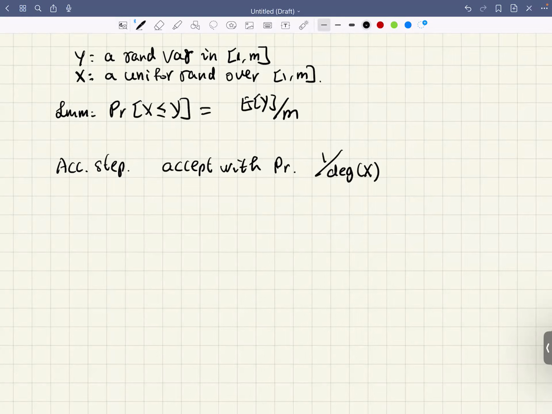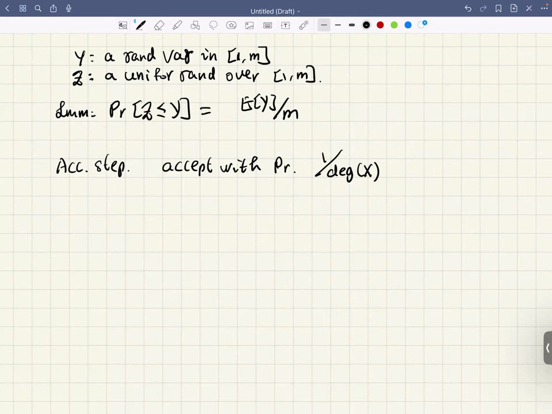What does that tell you? It tells you that all you need is to give me a random variable with expectation of this. Sorry, I've been using this x twice, so let me change this x so that you can see things better. Let's say this z, and z is less than or equal to y. I can generate this z myself.